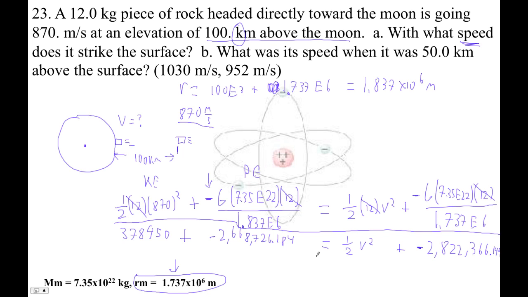All right, here we go. And I have 532,089 is 1/2 v squared. Okay, so times 2, square root, raised to the 0.5 is what I do. I get 1,031.59.